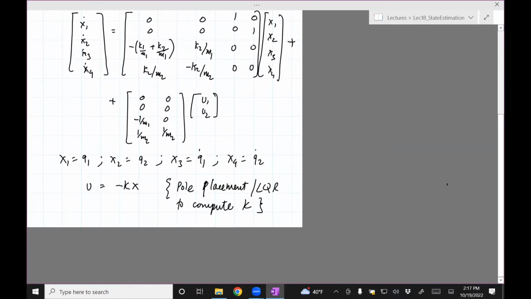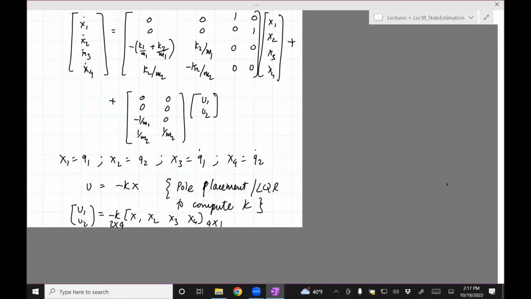So U is minus K times X1, X2, X3, X4. So this will be U1, U2. And K will obviously be 2 cross 4. So when you multiply it by 4 cross 1, you get 2 cross 1, and that would be the 2 controls.